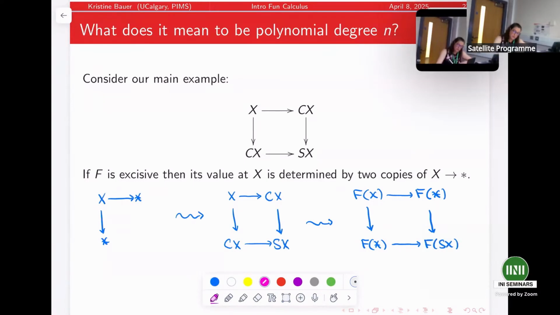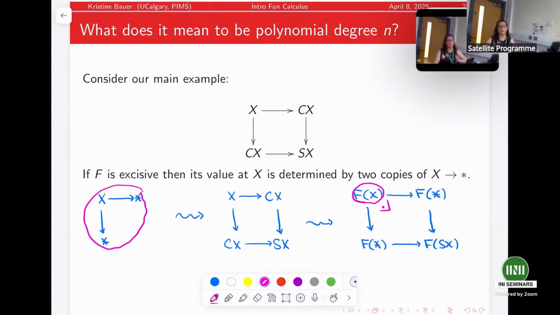And so the value of this was really determined by this diagram that was just these 2 points to begin with, with a map from x to them. That's the way in which I want to think about my polynomial function. Because, sorry, I should have said that because this is excisive, this thing is supposed to be a homotopy pullback. So I've determined f of x up to homotopy just by starting with this diagram that has this map from x to 2 points.